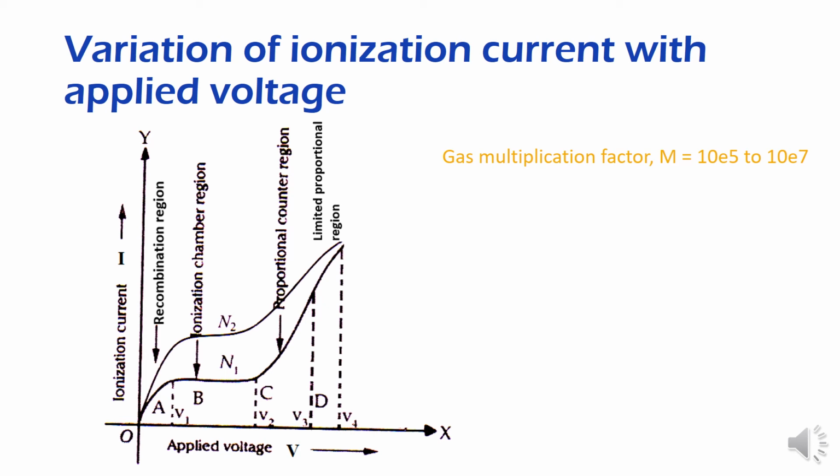That means in this particular voltage region, the multiplication factor increases and it is between 10 to the power of 5 to 10 to the power of 7, and since there is no proportional relationship between current and voltage, now this voltage region is called as limited proportional region, and this region is not useful in order to detect the particle.